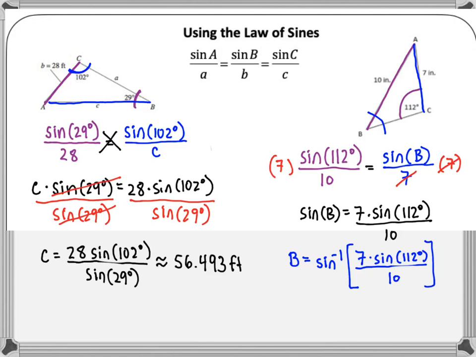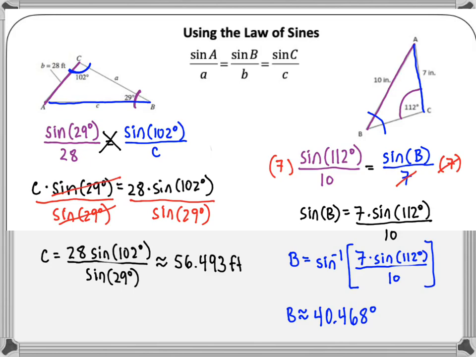We plug that into our calculator, and that gives us B approximately 40.468 degrees. So that's how you would use law of sines to solve for an angle.